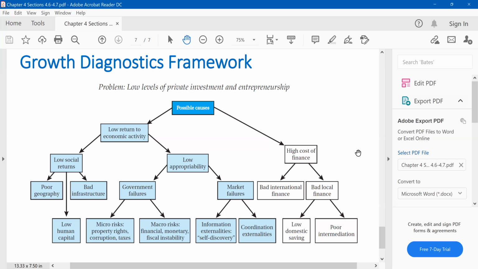Or even if people are saving, the financial markets are not developed enough. Banks are not managed well. So most of these savers are not putting their savings into savings accounts in the banks. Instead, they keep their money in the form of, let's say, gold and at home.